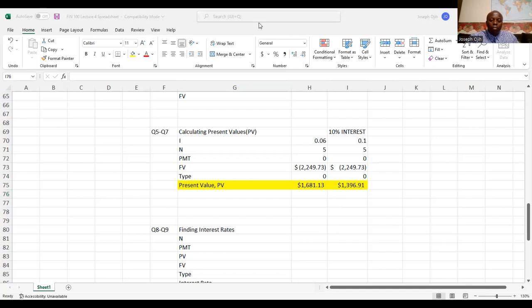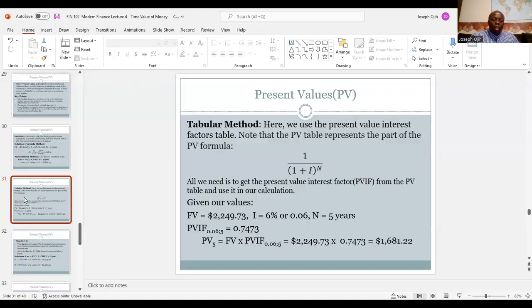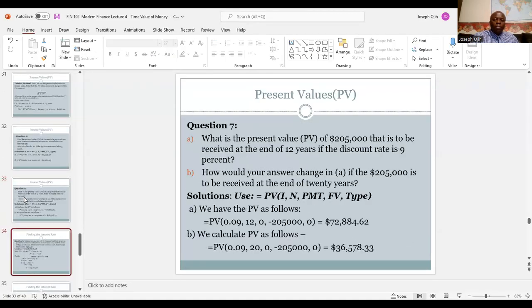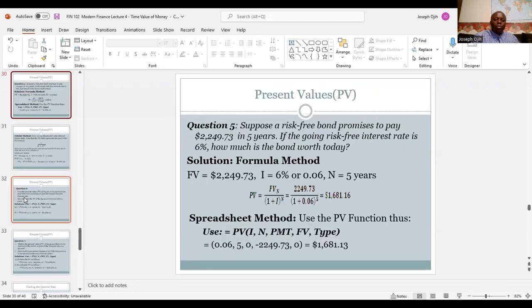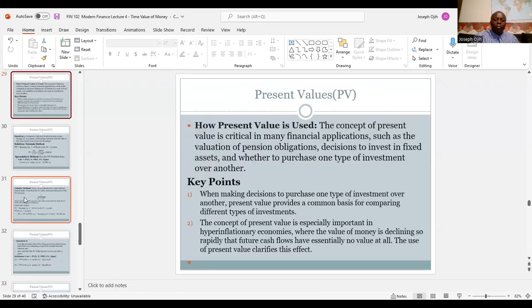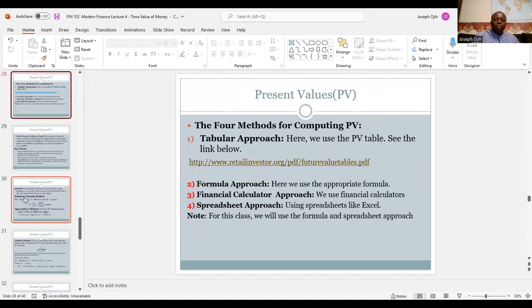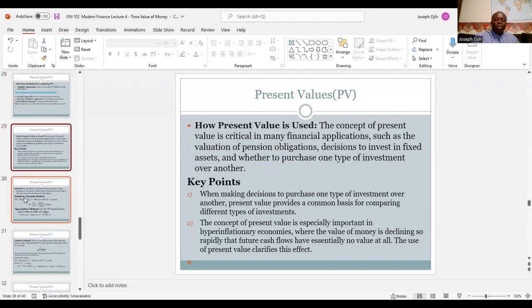Now, let's go back to our work. What I explained now is how to calculate present value. A natural question to ask here becomes: how do we use this present value? Well, the concept of present value is very important in many financial calculations.